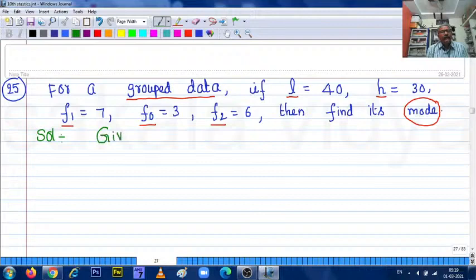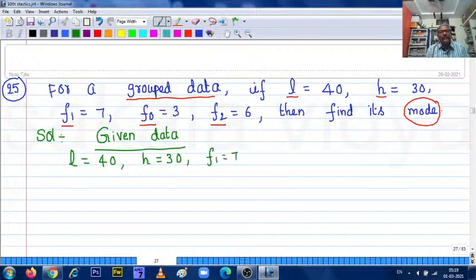Given data: L equals 40, H equals 30, F1 equals 7, F0 is equal to 3, F2 is equal to 6.